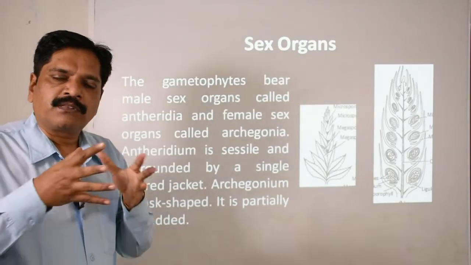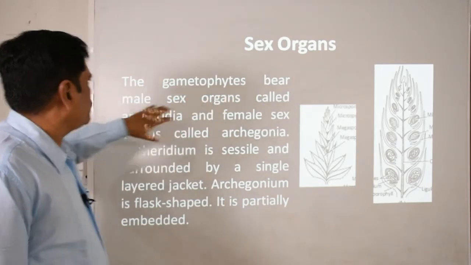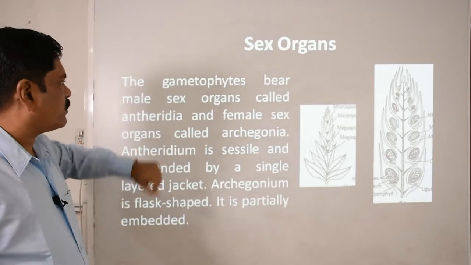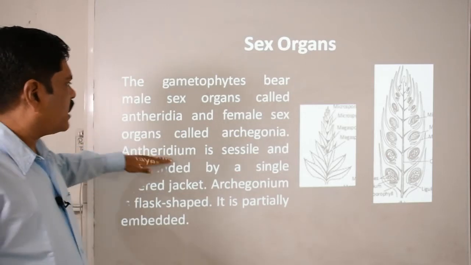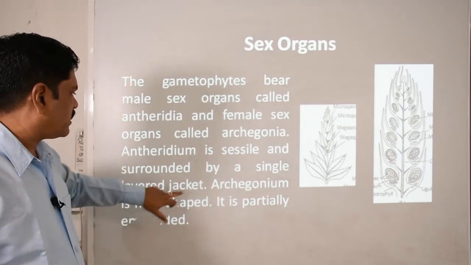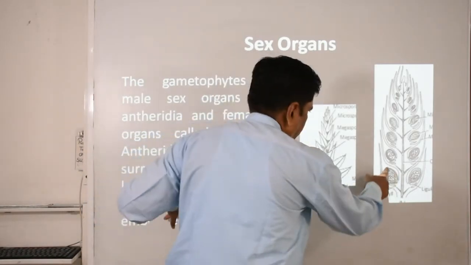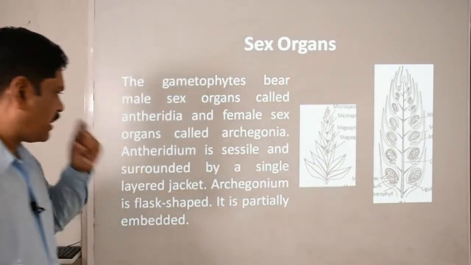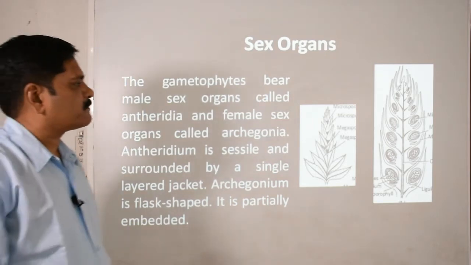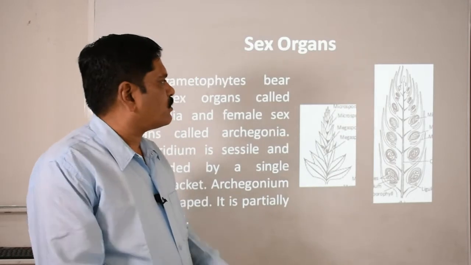Now we talk about the sex organs. As you know, the strobili or cones are there. The gametophyte bears the male sex organs called antheridia and the female sex organs called archegonia. The antheridium is sessile and surrounded by a single layered jacket. Remember, this jacket-like structure is present around it. The archegonium is flask shaped and partially embedded. If you observe, this is the strobilus or cone-like structure.